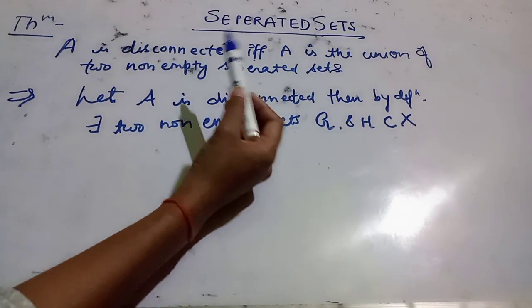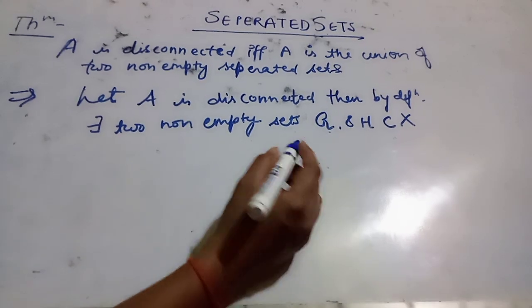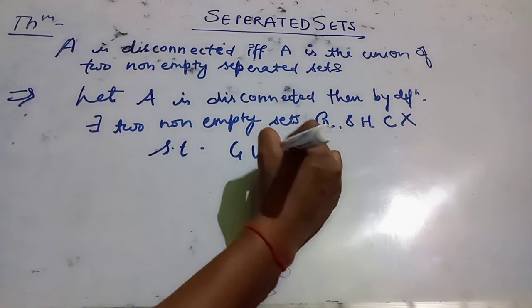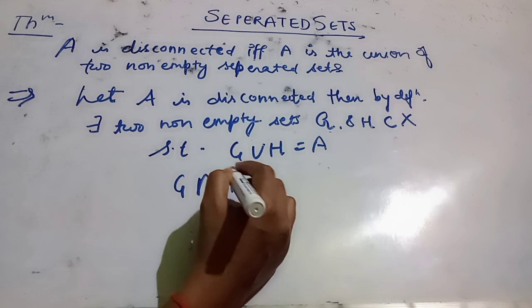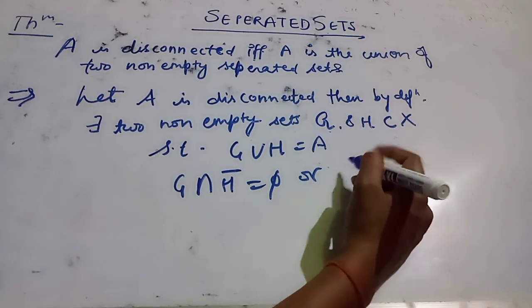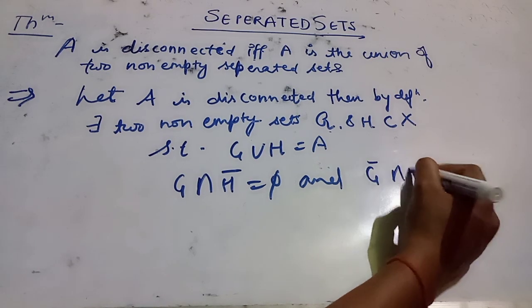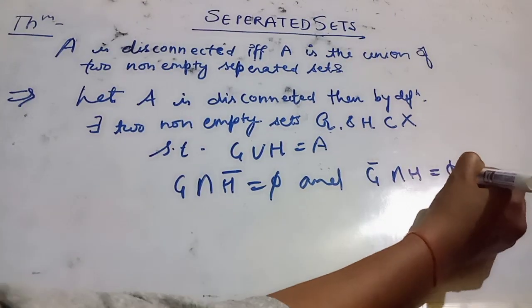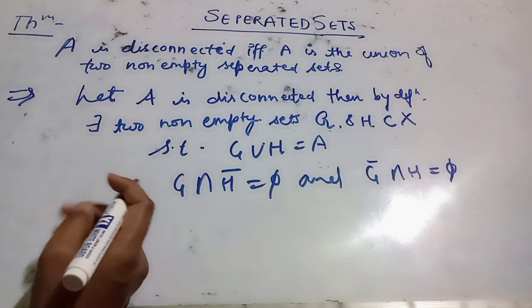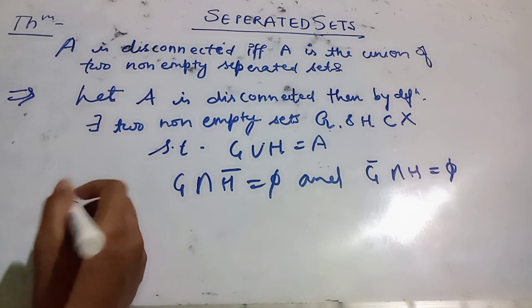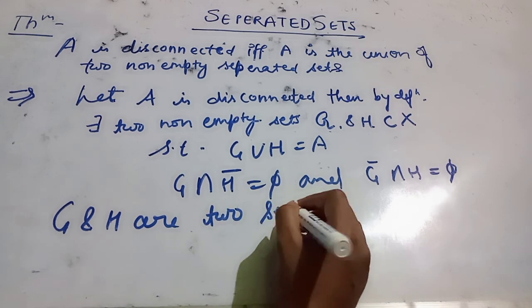So there exist two non-empty sets G and H, subsets of X, such that G union H is equal to A. And you can also say G intersection H closure is equal to phi, and here G closure intersection H is equal to phi will be used. So you can use this condition with disconnected sets, and you know that disjoint sets are separated sets. So it means that G and H here are two separated sets.